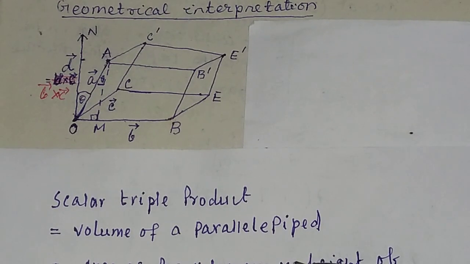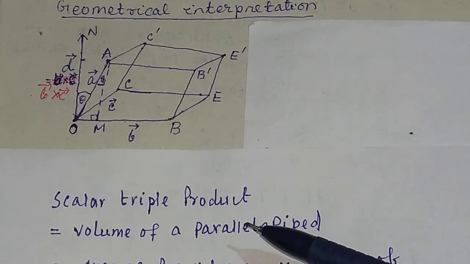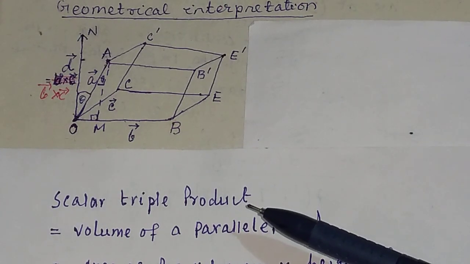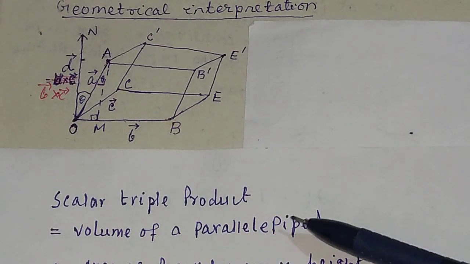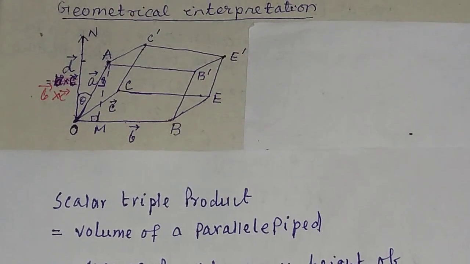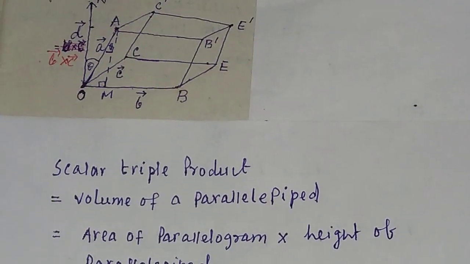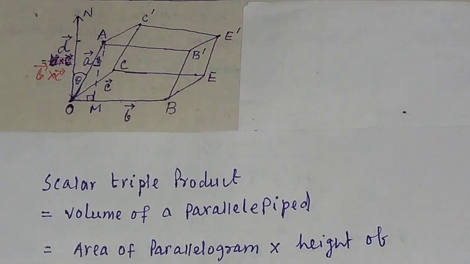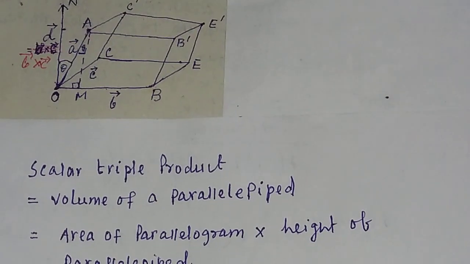Now we will see how the volume of a parallelepiped is equal to the scalar triple product. As you know, the volume of a parallelepiped is nothing but the area of the parallelogram multiplied by the height of the parallelepiped.